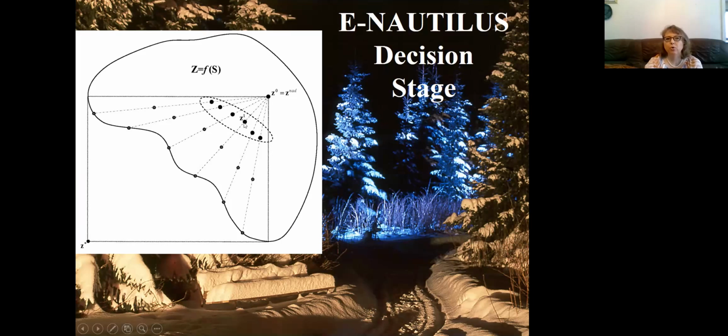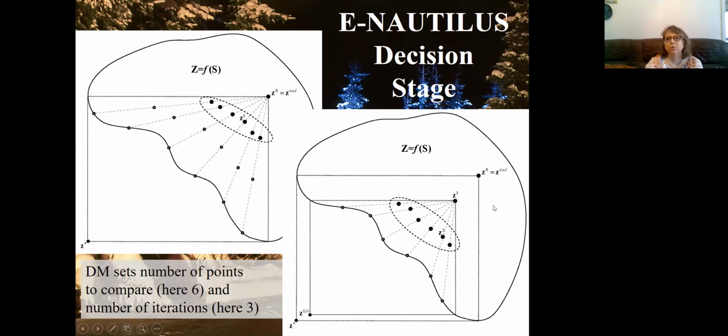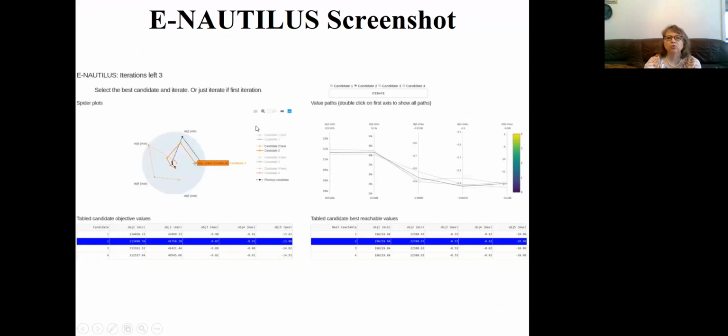So these 6 points would be shown to the decision maker, and then if one, for example, chooses this one, we would go to that one and show the next 6 ones in that region that has now been shrinking from where we started. And here's a screenshot of how to visualize this in the user interface.